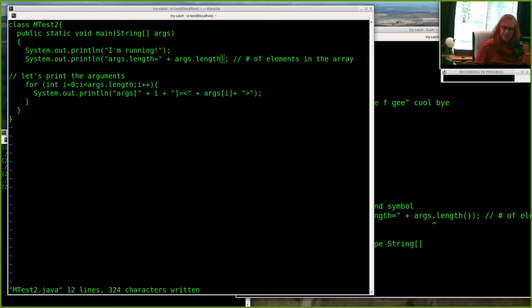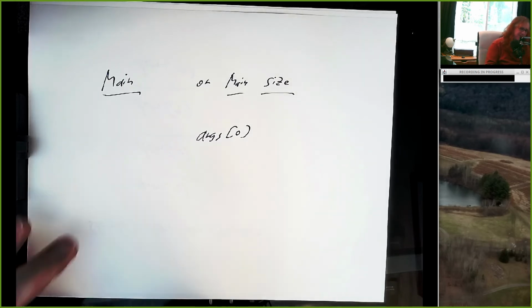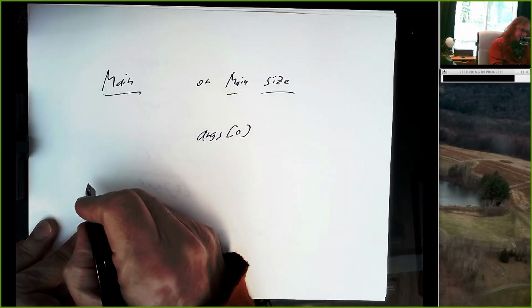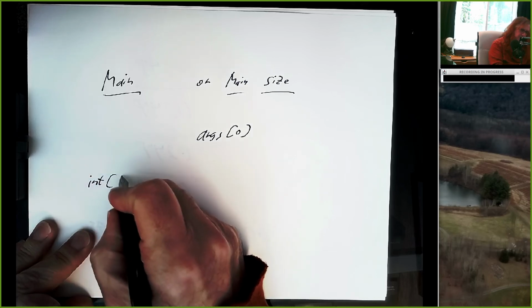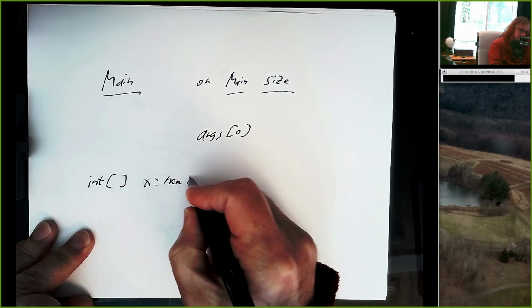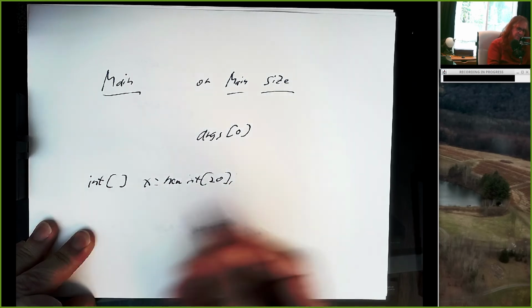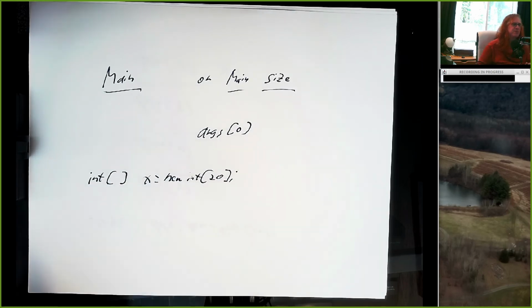So this is a little bit about arrays in general. Again, we can define an array of integers. If we do something like this, x will be an array of 20 integers.